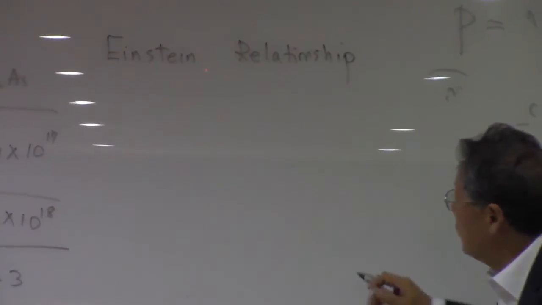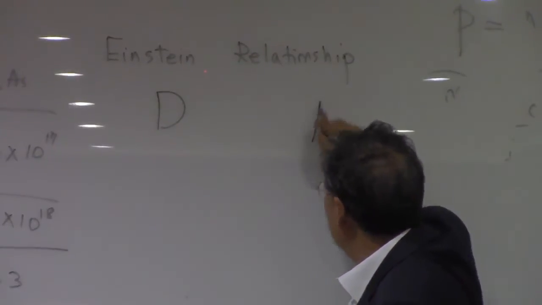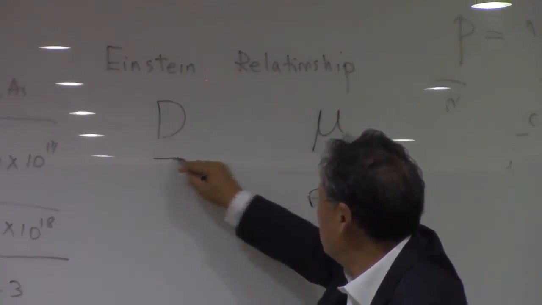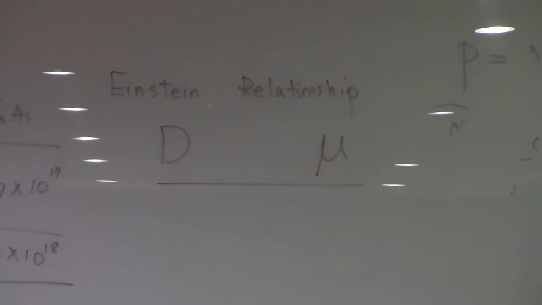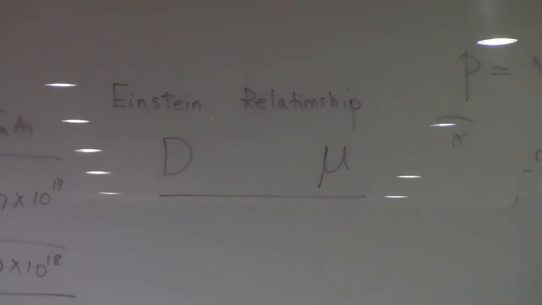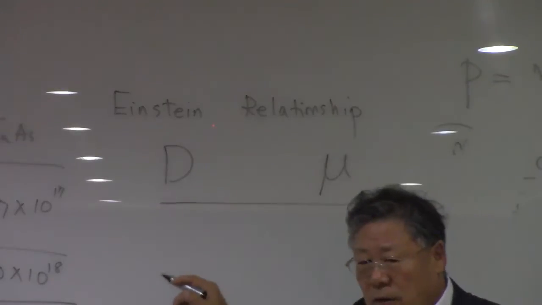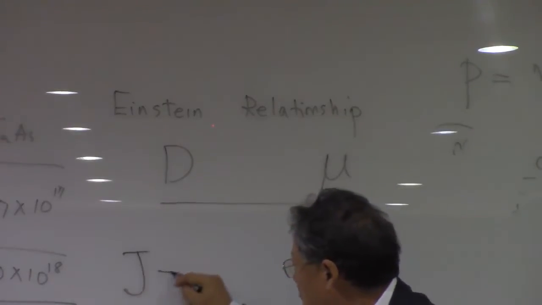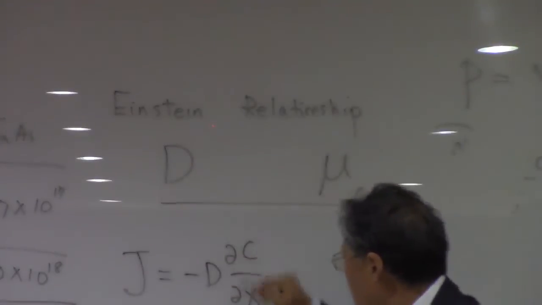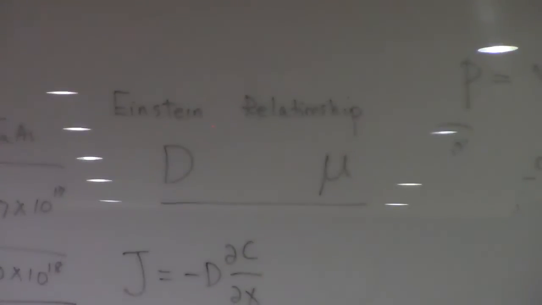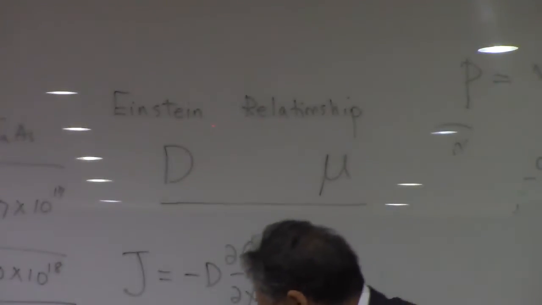Basically, it is related to the diffusion coefficient and the mobilities. We want to know the relationship between the diffusion coefficient and the mobilities. Why are we interested in these parameters? Diffusion coefficient: the concentration gradient is related to the flux of moving particles in this fashion.